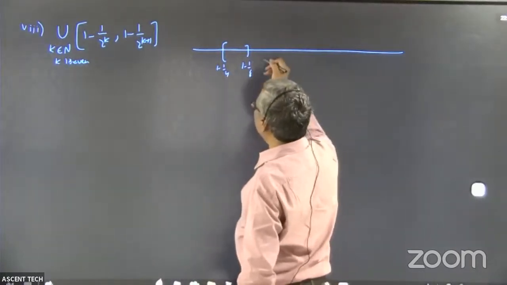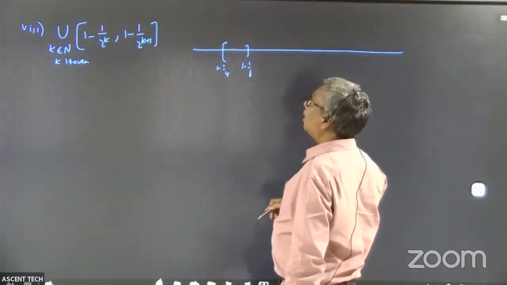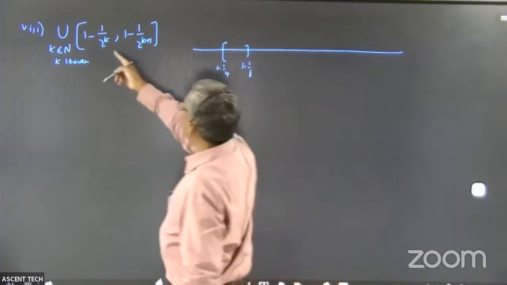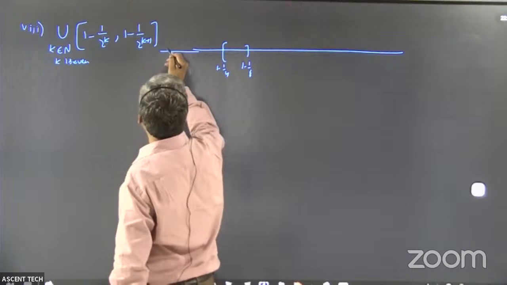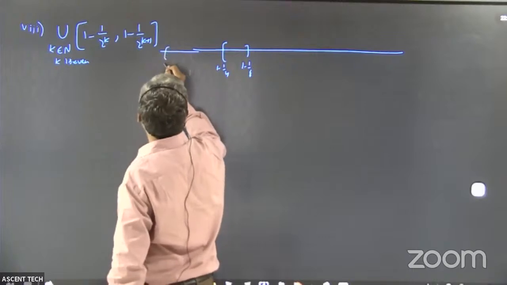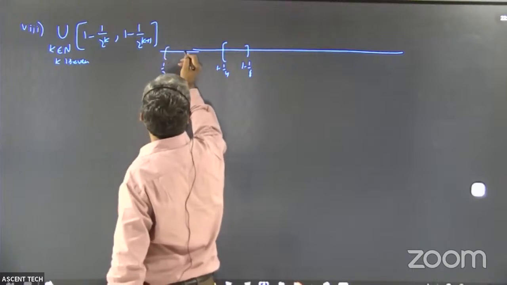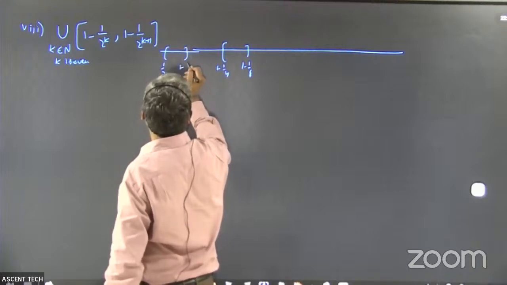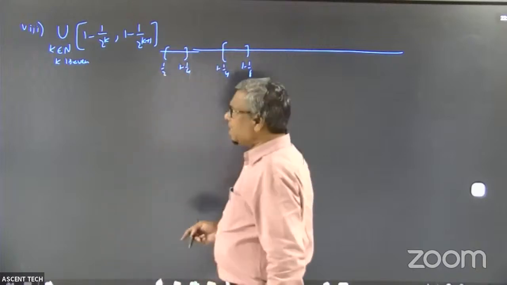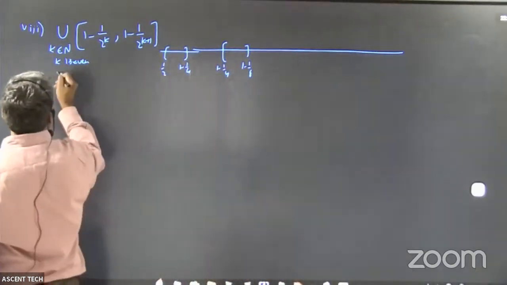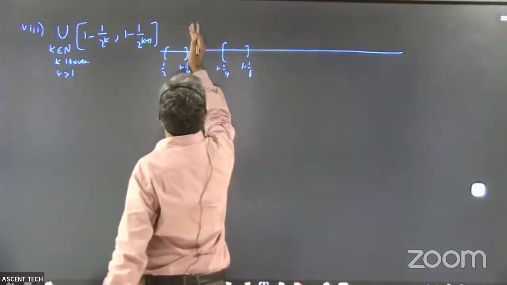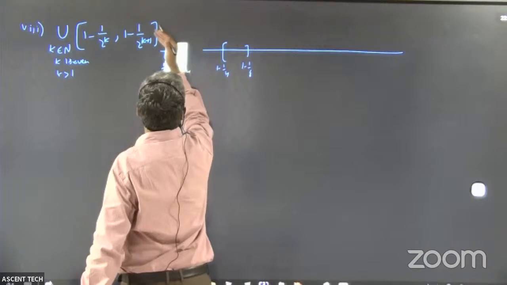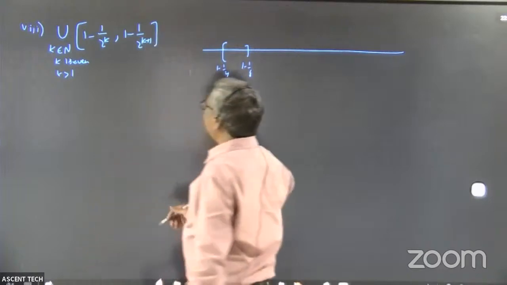When k equals 1, that is 1 minus 1 by 2 to 1 minus 1 by 4. I think that has encroached on this, but that's not a problem. You can say k is even and k is greater than 1. Nothing wrong if I include that. Just avoid that for a minute. Starting from 2, this is the first set.